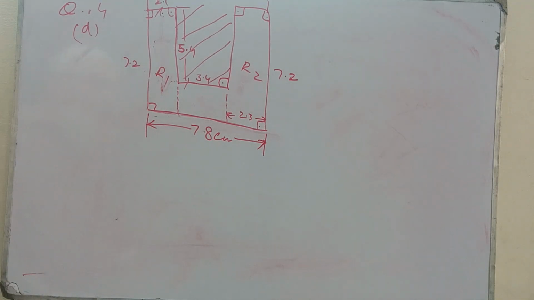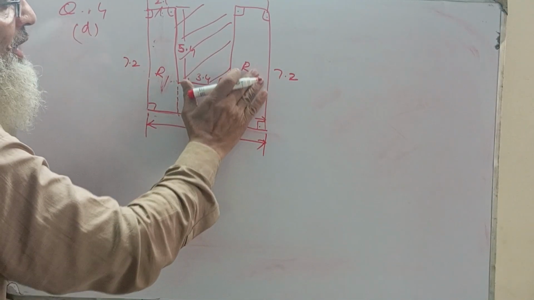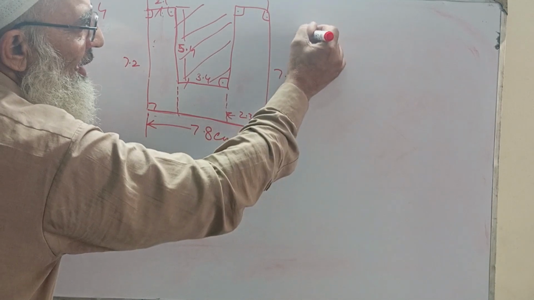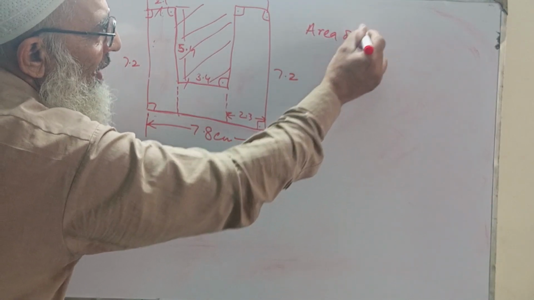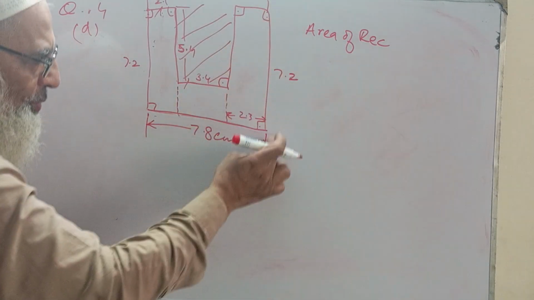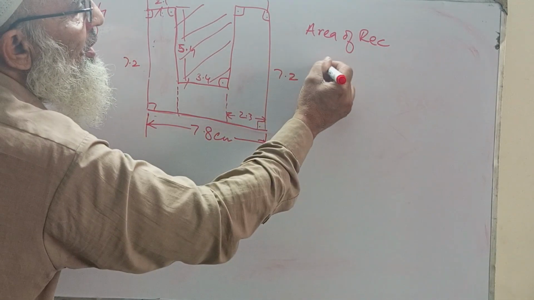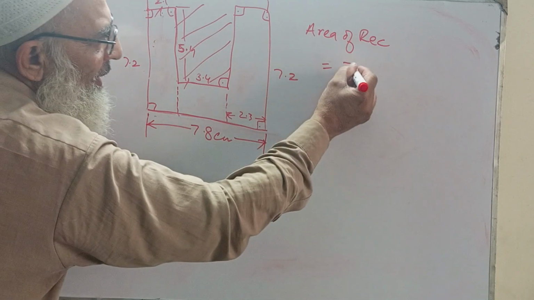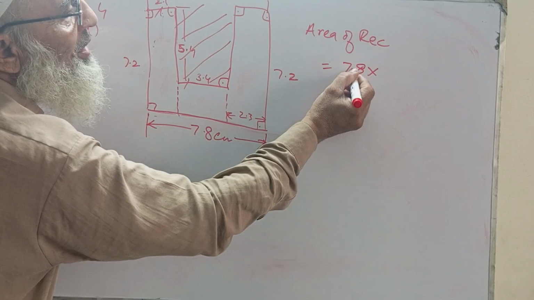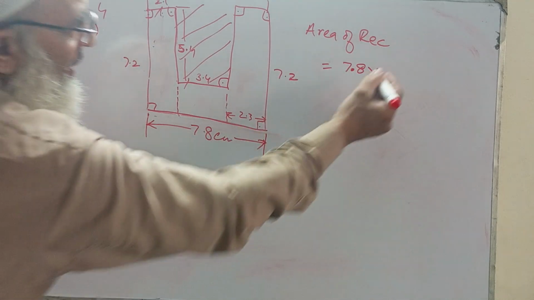So let me take the area of the large rectangle, the whole rectangle, from here to here. The area is 7.8 multiplied by 7.2. Sometimes you cannot see the point, so I am writing it very bold.